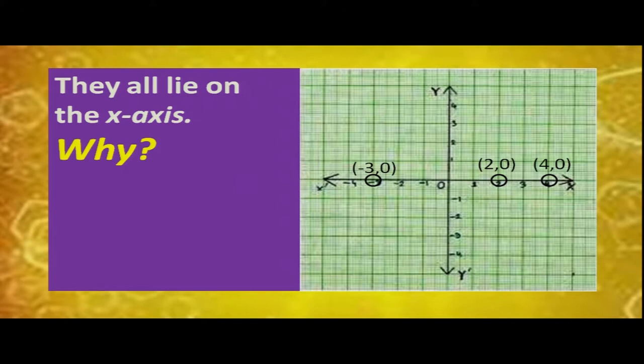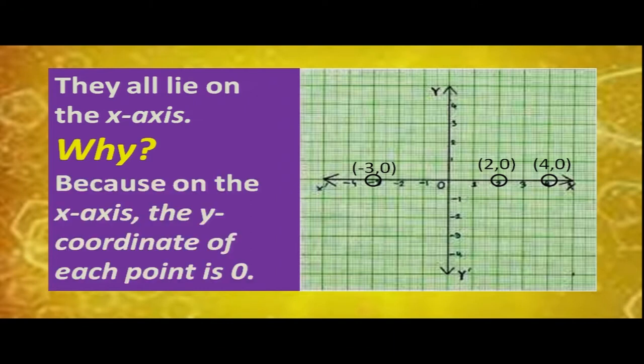But why do they lie on the x-axis? Because on the x-axis, the y-coordinate of each point is 0. On the y-axis, x-coordinates are 0, and on the x-axis, y-coordinates are 0.